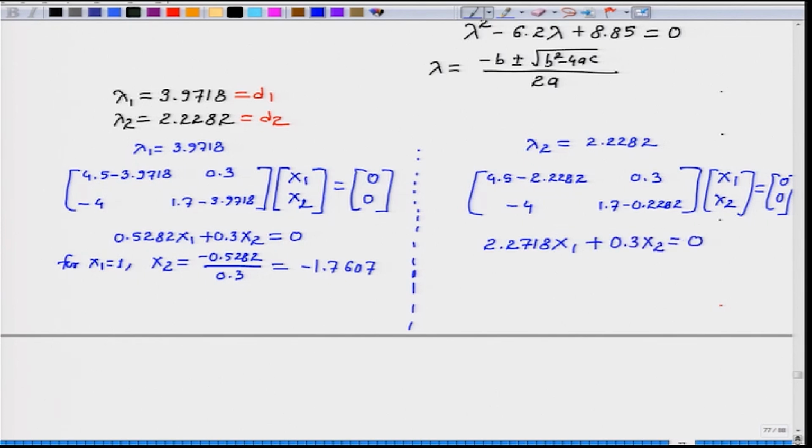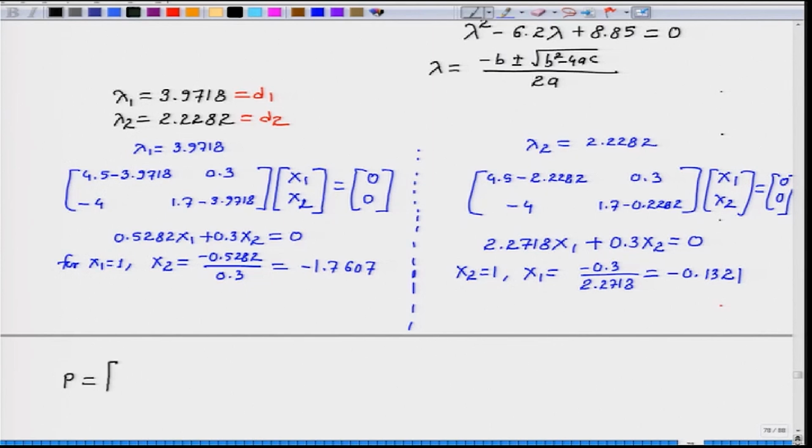For the second eigenvector, we take x2 as 1. So, x2 equal to 1, and x1 should be minus 0.3 divided by 2.2718. So, x1 comes out to be minus 0.1321.